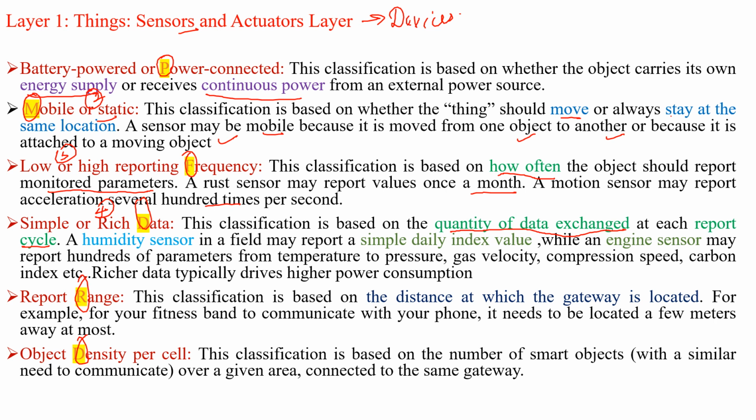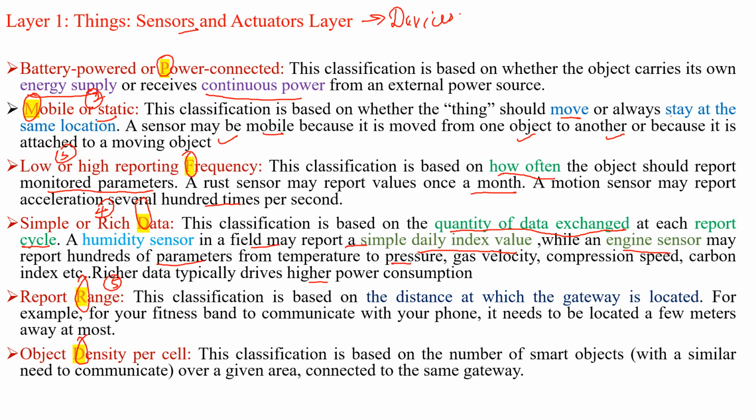For example, a humidity sensor in a field may report a simple daily index value, while an engine sensor may report hundreds of parameters, from temperature to pressure, gas velocity, compression speed, carbon index, etc. Richer data typically drives higher power consumption. Moving on to the fifth category, it is your report range.